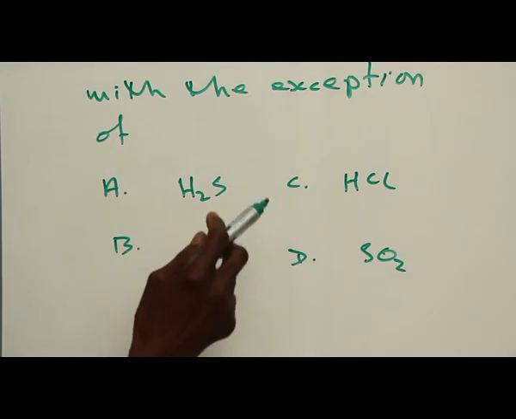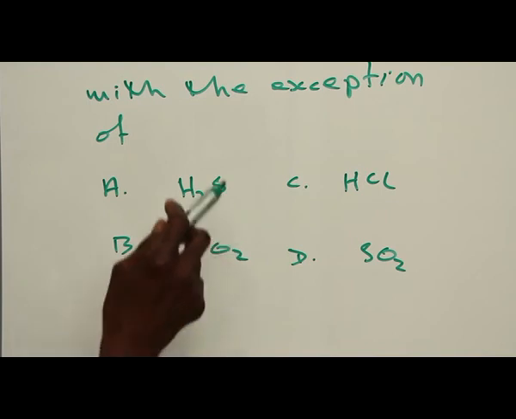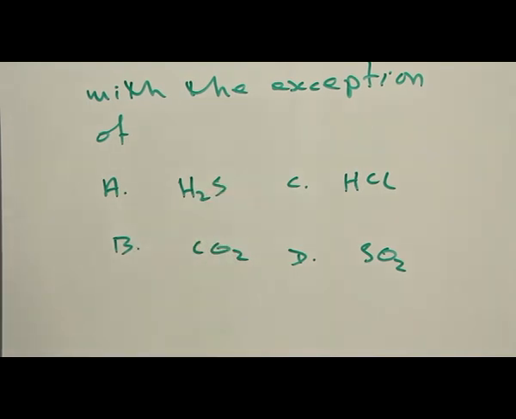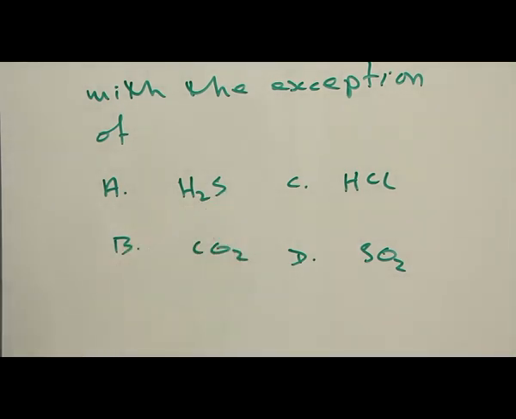Hydrogen chloride is a peculiar gas. The solubility decreases as temperature increases. It is an abnormality, but it is only hydrogen chloride gas that behaves that way. D, sulfur(IV) oxide, the solubility increases as temperature increases. So the correct option is C.